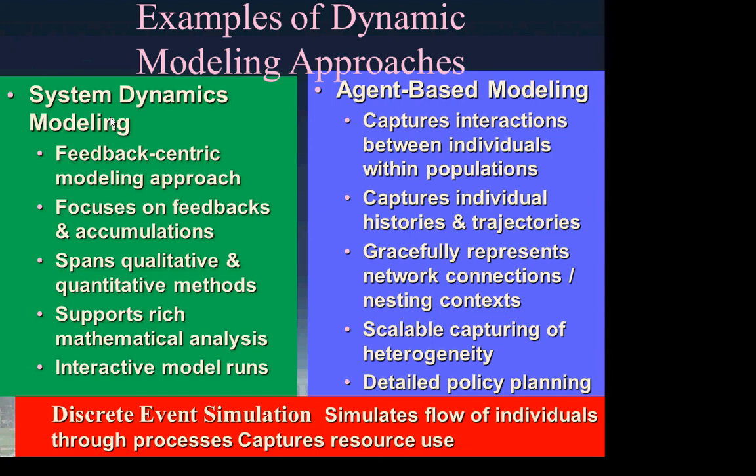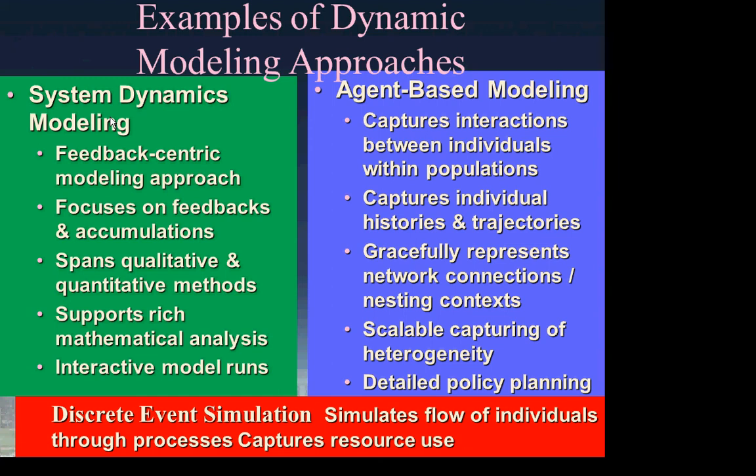Then we might have cities, which have some agency because there are governments associated with them, etc. And there are some actions undertaken at that level per se, similarly with schools, etc. So agent-based modeling captures interaction between different actors within a population, captures individual-level actor trajectories and histories, which turns out to be quite important, in contrast to the kind of cross-sectional depictions possible in system dynamics models.